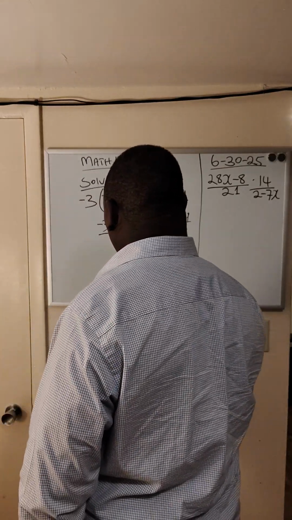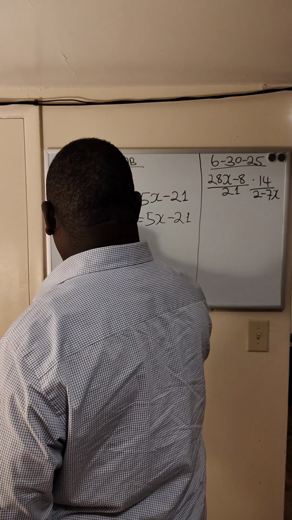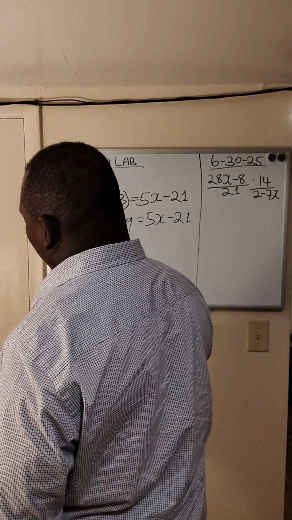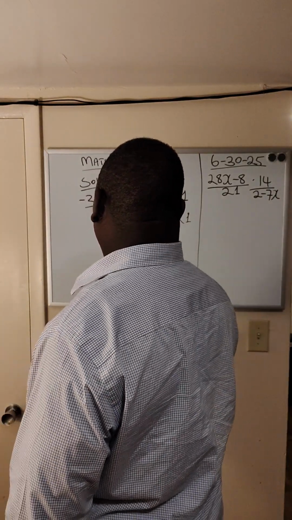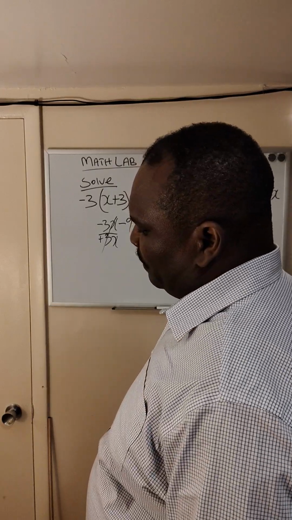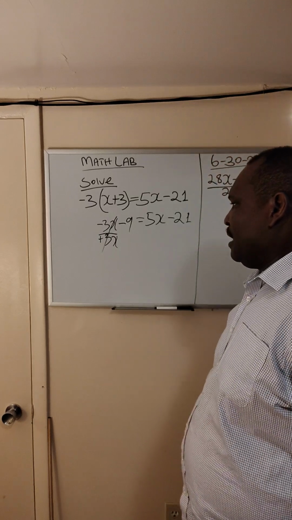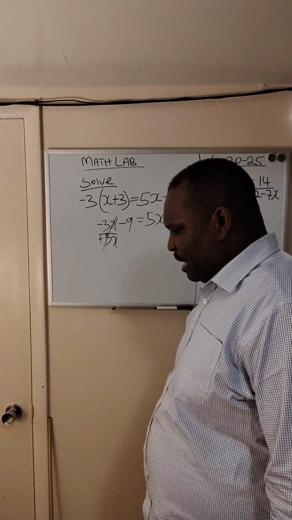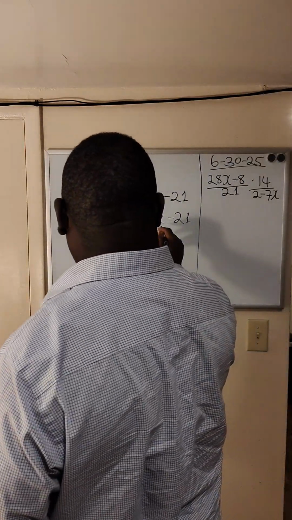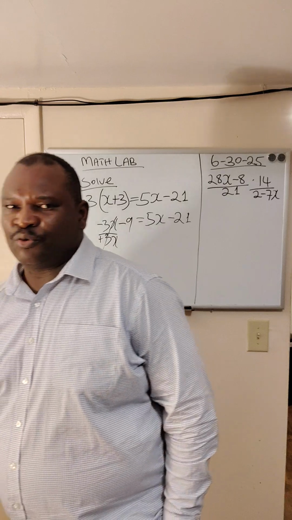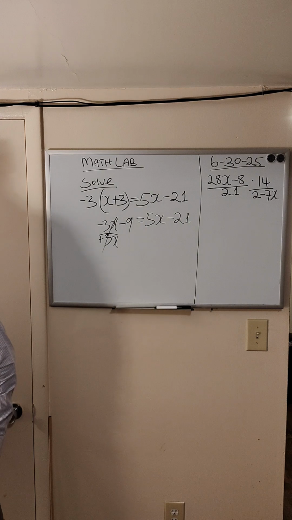Remember when you are dividing, the sign down here is positive, so now it's going to be 3x. Then we are done with the negative. The -3x is gone, and now we are left with 9 is equal to 5x minus 21.